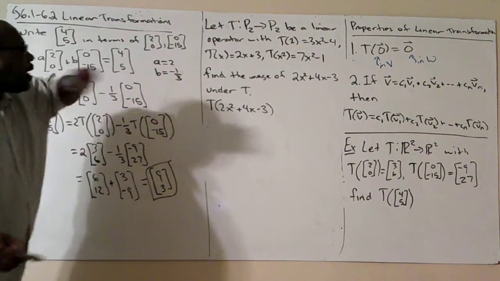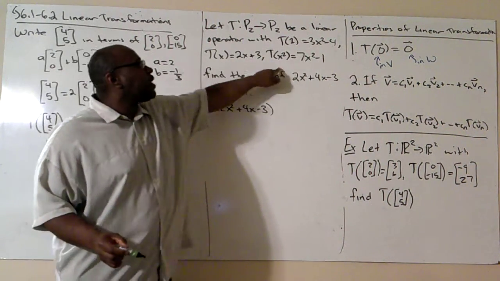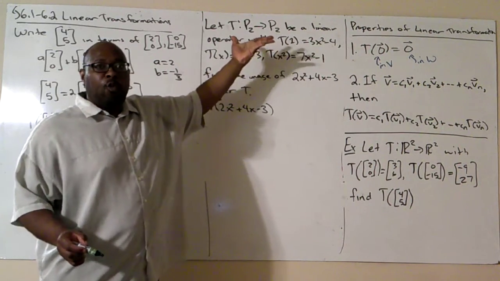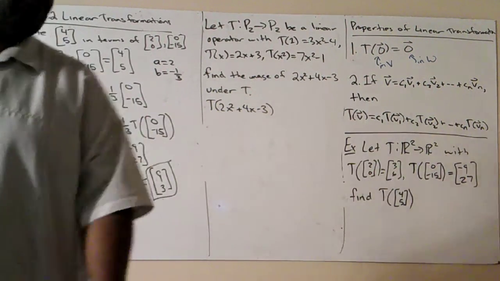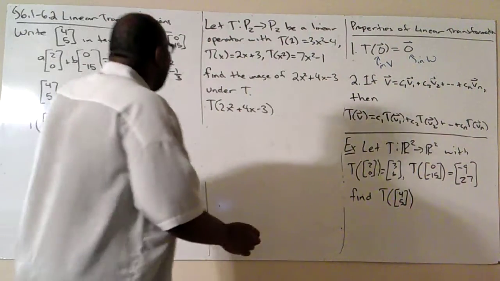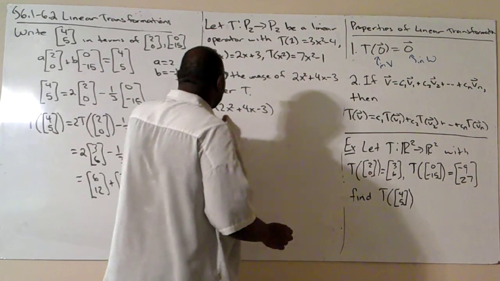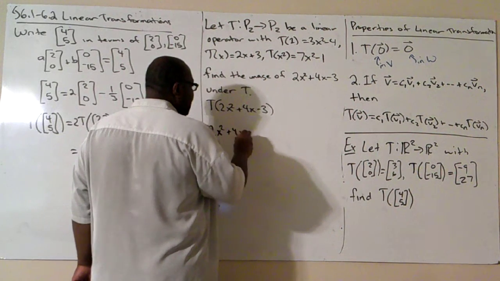Well, again, just like we dealt with before, 1, x and x squared form a basis for P2, if you remember that from our basics section. So with those, it's easy for me to figure out how to write 2x squared plus 4x minus 3.